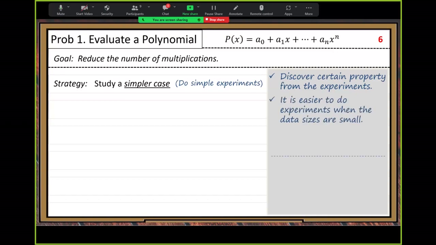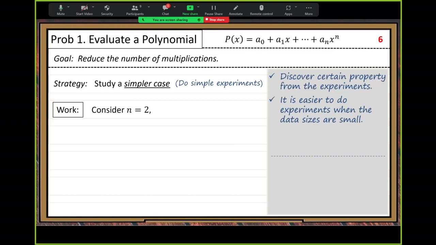It is easier to do experiments when the data sizes are small. Here, data size is the number of coefficients, or you can also treat the polynomial degree number as the data size. So let's do our experiment work.